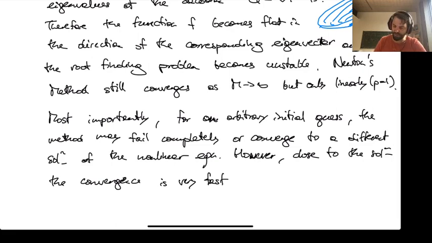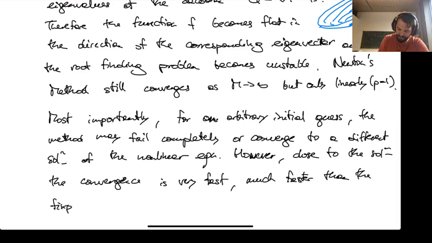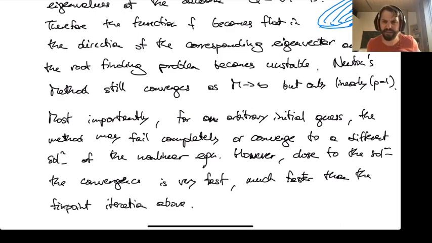So we're really talking about a lot less work, much faster than the fixed point iteration. While the fixed point iteration might be very easy and simple to implement, it can be very, very slow.